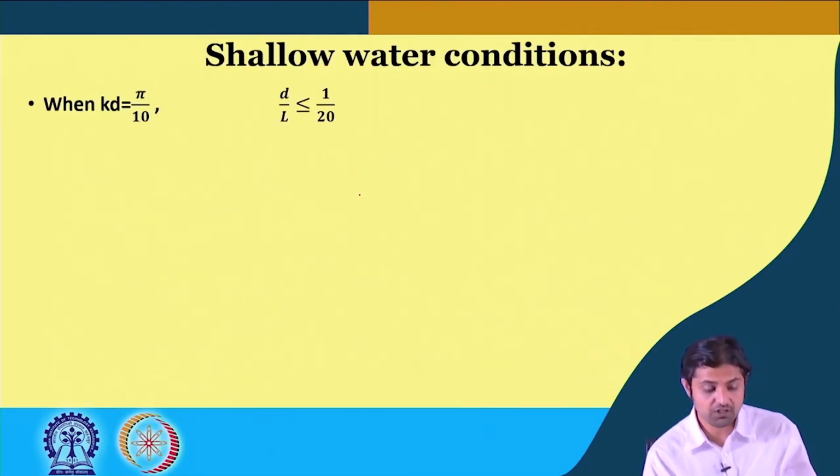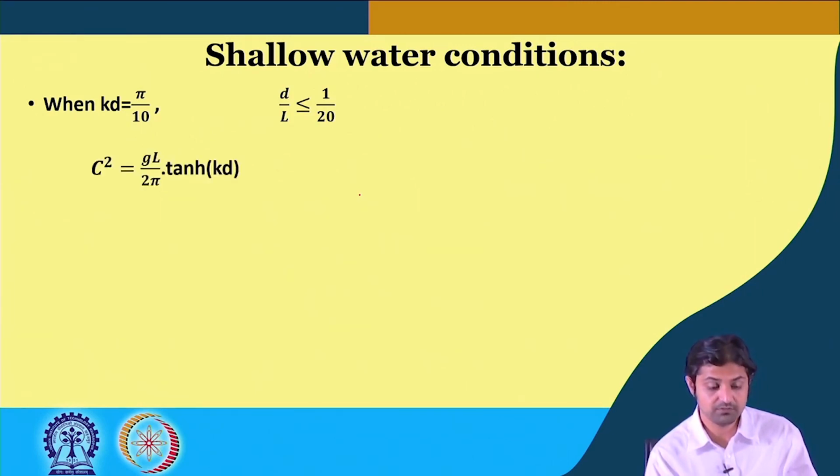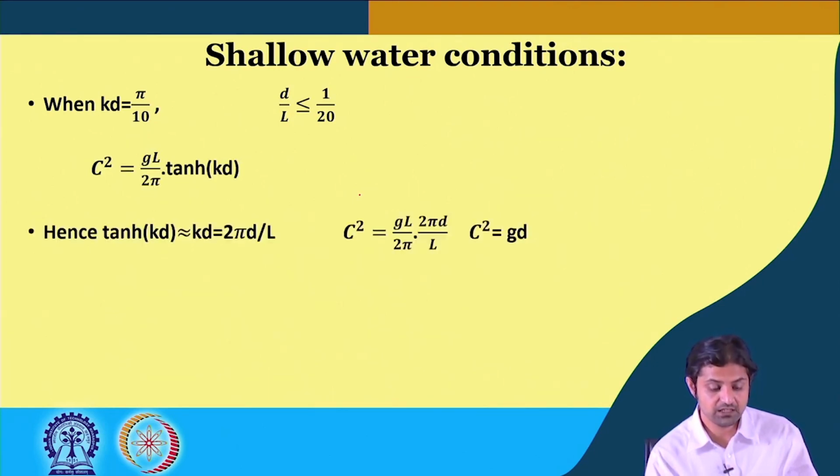Now, what are the shallow water conditions? kd is equal to pi by 10, that's what we said. 2 pi d by L, that is what we found out from the table. Therefore, c square can be written as gL by 2 pi tanh kd.